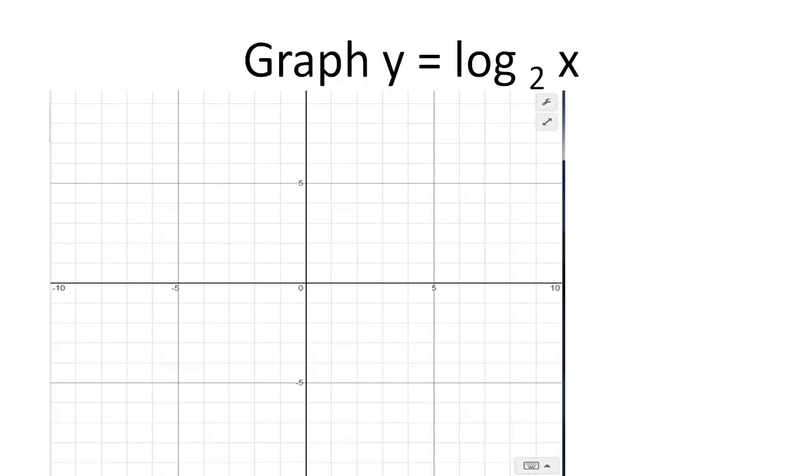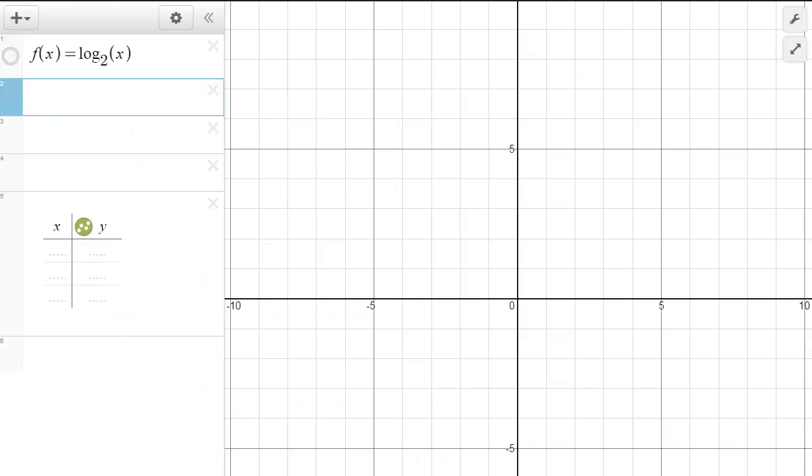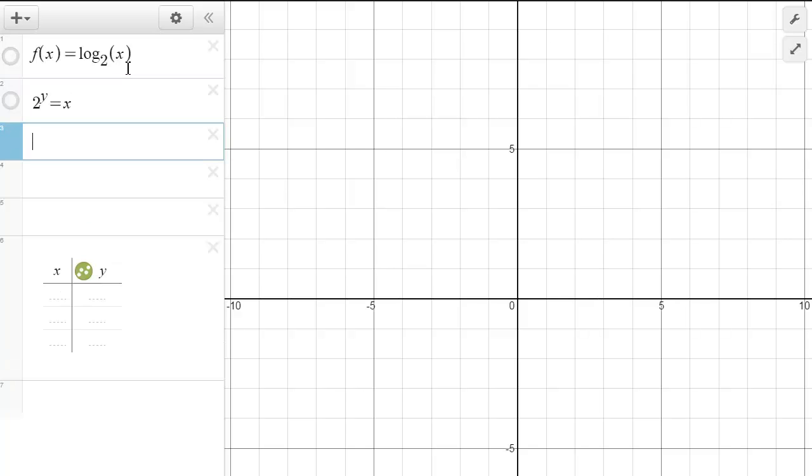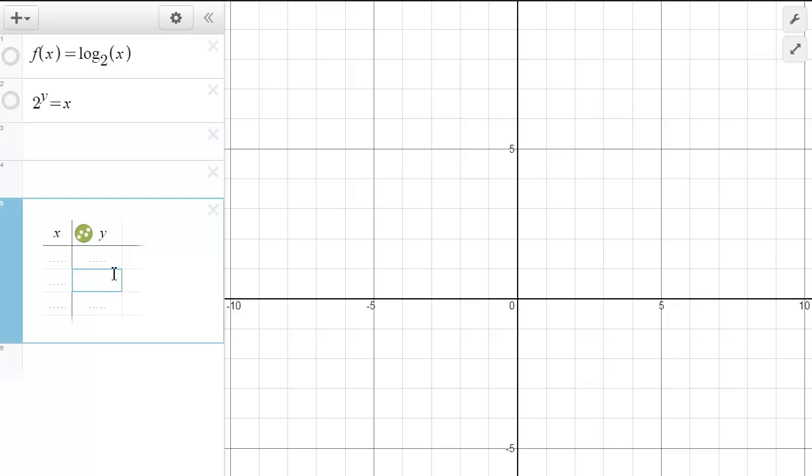So what if I asked you to graph y equals log base 2 of x? Well, let's start by rewriting the equation in exponential form of 2 to the y equals x. Now let's create a table of values. So when 2 to the y equals x, we're going to plug in values for y to determine what x becomes.